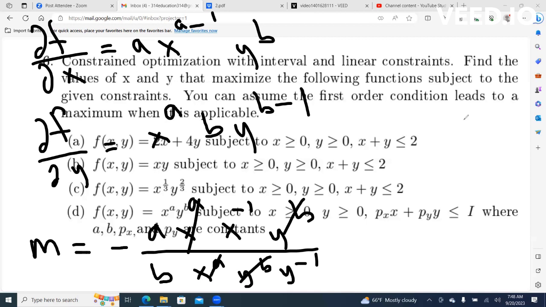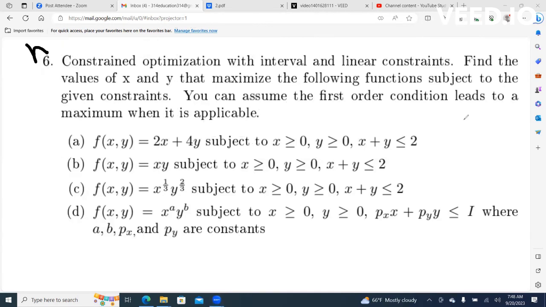M equals negative a y over b x. And this crazy thing is a constraint, but it has x and y to the power of 1, so it is a linear equation right there.